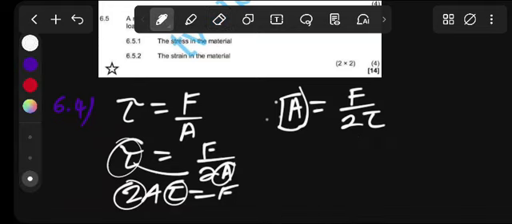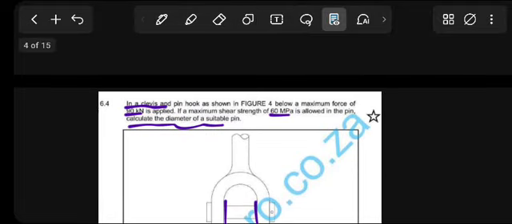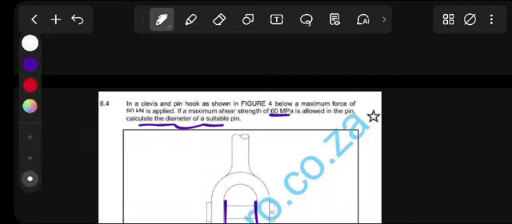Okay, let us substitute, guys. The force is 90 kilonewton, and the shear stress is 60 megapascal.